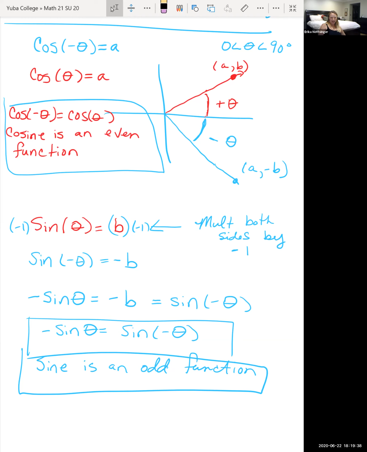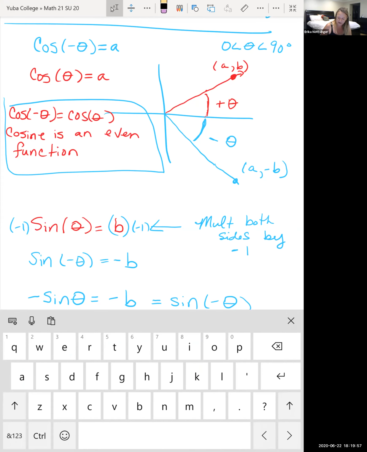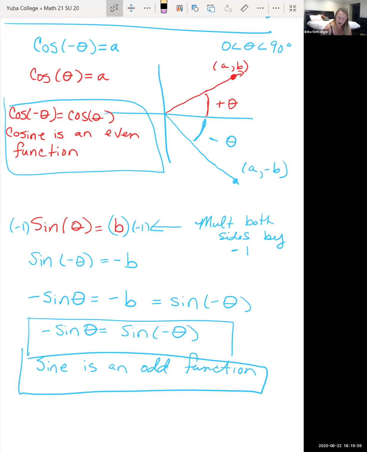In the beginning of class, when we were looking at the unit circle, we said we could limit things down so that our radius is 1, and because of that, our trigonometric functions at that angle really depend on the x or y value of our point. And so cosine ended up being the x value of our point, and sine ended up being the y value.